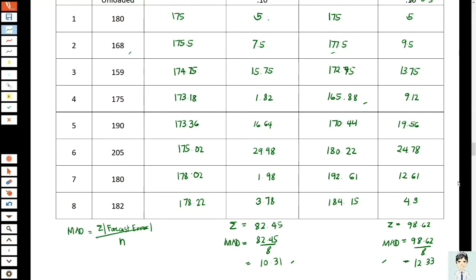Bakit? Kasi it has the smaller absolute deviation. Okay po. So sa mean absolute deviation, diba, ang pipiliin natin yung pinaka-bababa o yung pinaka-maliit. So therefore, ang gagamitin ni Port Baltimore na smoothing constant is 0.10.